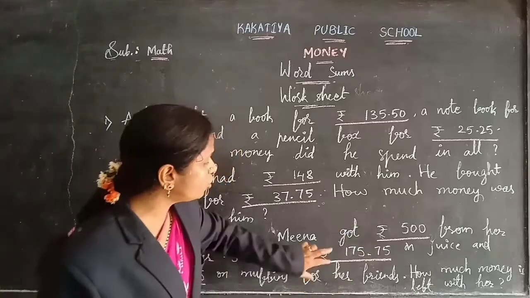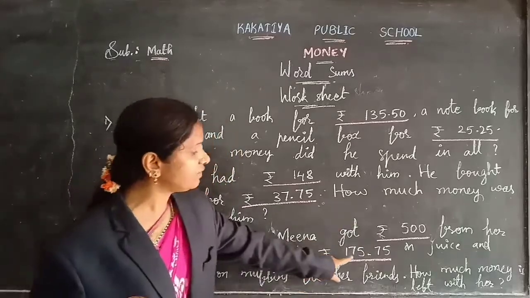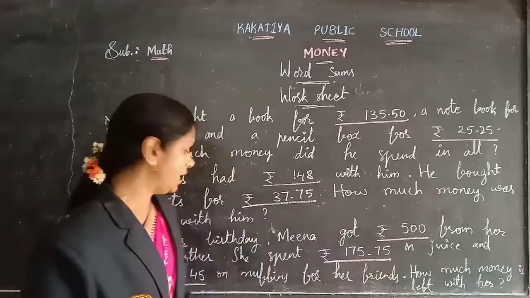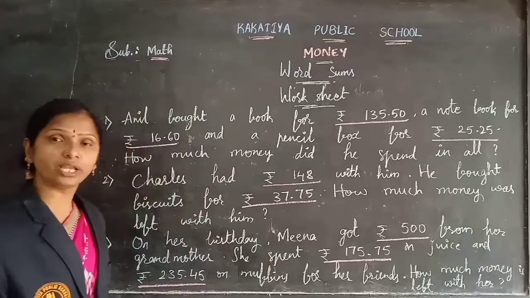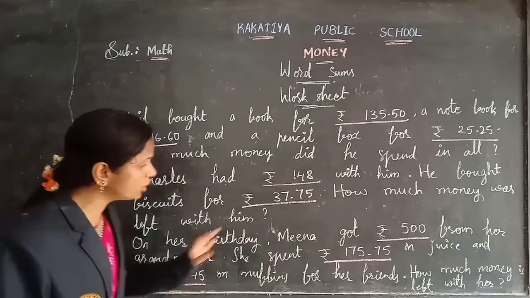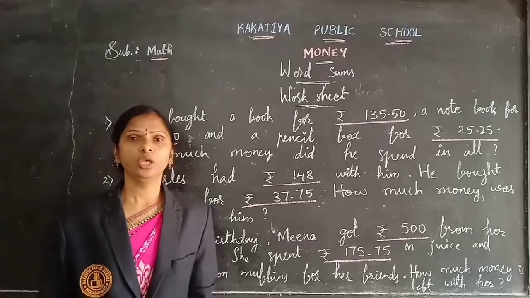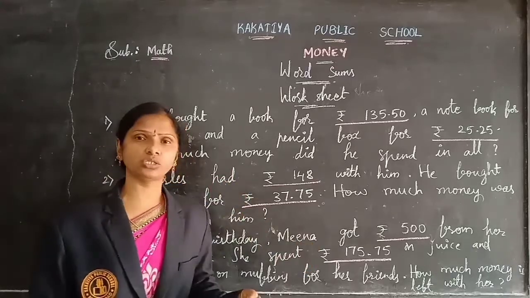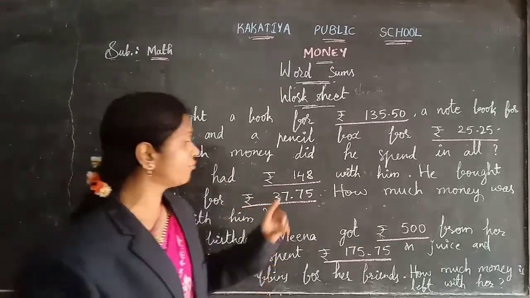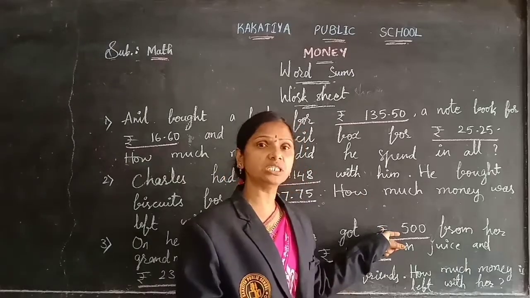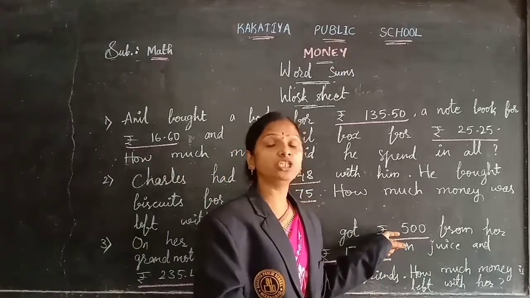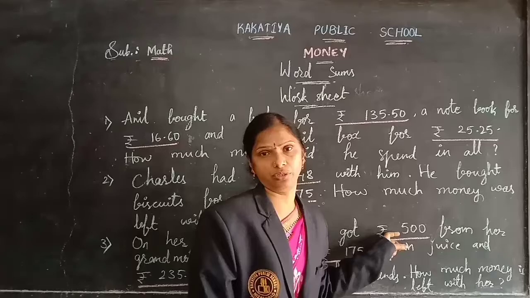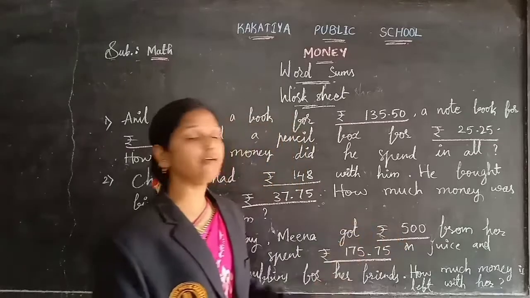Means the two items' cost, which is 175 rupees 75 paise and 235 rupees 45 paise. These two numbers you need to add, children. You will get the sum of these two numbers. Now that sum you subtract from the 500 rupees, which she got from her grandmother. Okay, then you get the left amount.